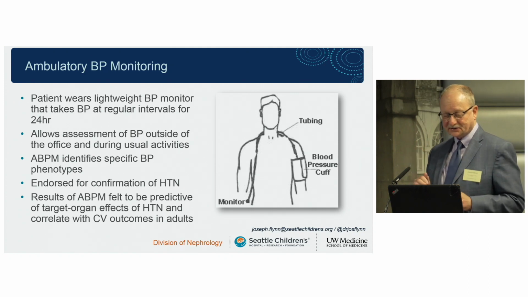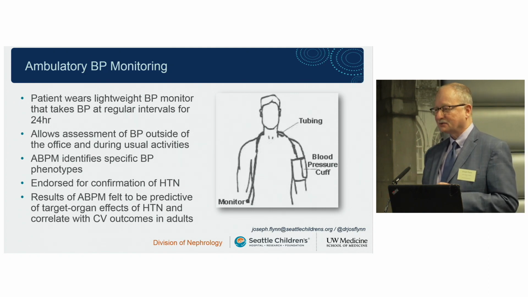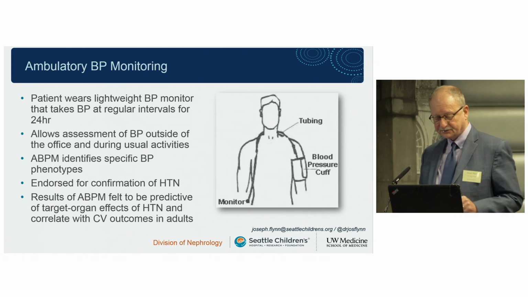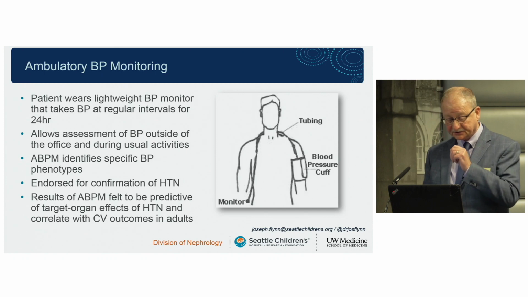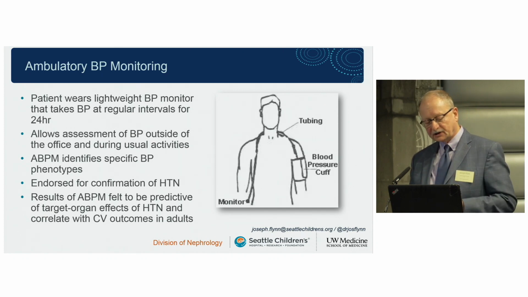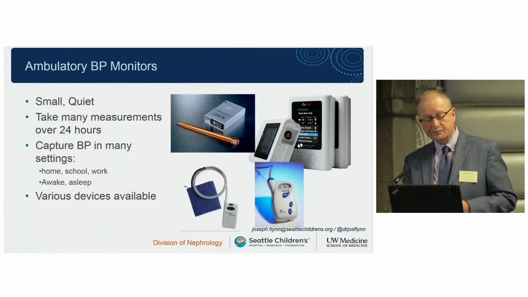It allows us to identify specific blood pressure phenotypes, which we'll talk about. We use it to confirm the diagnosis of hypertension, and we know that ambulatory monitoring results correlate with target organ effects of hypertension in both adults and in children.